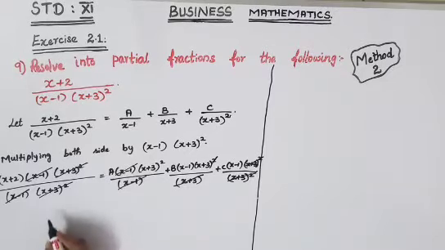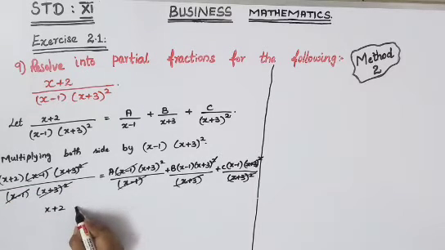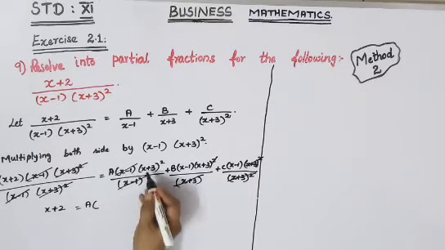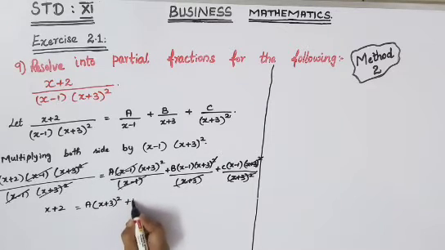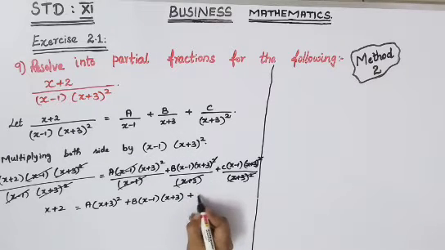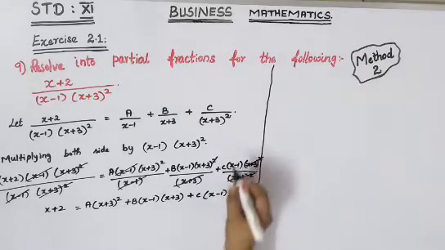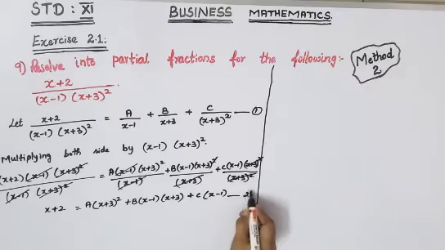So the left out terms are x + 2 on your left hand side, so just write x + 2, which is equal to A into (x + 3) the whole square, plus B into, you have got x - 1 and one more x + 3 is there, because one only we have cancelled, so one more will be there. So plus C into (x - 1). So we just mark this as equation 1 and this as equation 2.